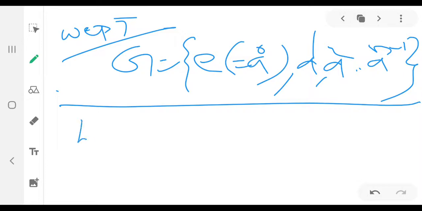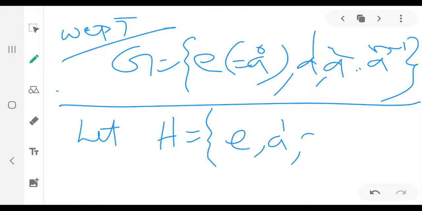Let H is equal to the set E, A raised to 1, A square etc., A raised to n minus 1, എഴുതി നമ്മൾ പ്രൂവ് ചെയ്യാൻ പോകുന്നത് G is equal to H എന്നാണ്.